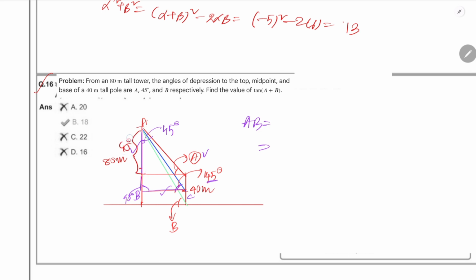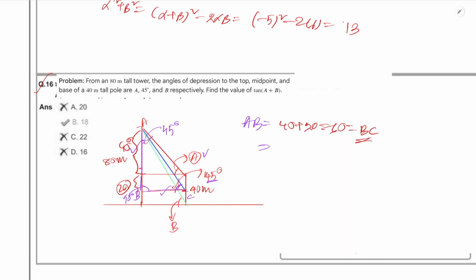Whole part is 40, and this part is 20. So AB is equal to 40 plus 20, this is 60. So the length BC, horizontal length, is also 60, and only then is it possible that this is 45, this is 45, and this is 90.